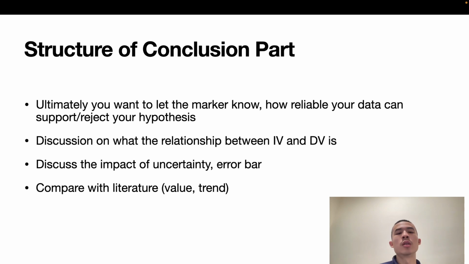This is in terms of precision or accuracy, showing the marker how reliable your result is, so that you make a final conclusion on whether the relationship between the IV and DV is as you expected.